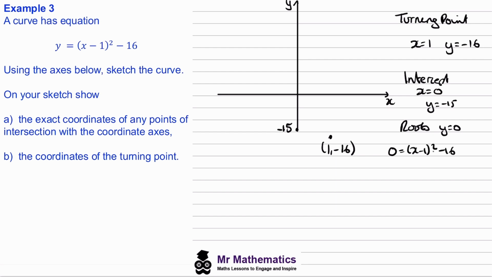We'll move the 16 over to the left-hand side. We'll take the square root of both. And then we'll add 1 to both sides. So x will equal 5, and x will equal -3. I'll plot that here, and at -3. So our curve would look something like this.